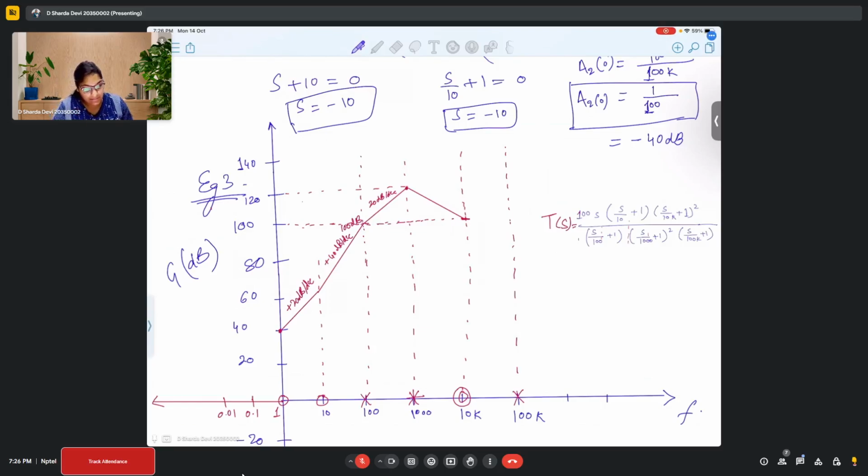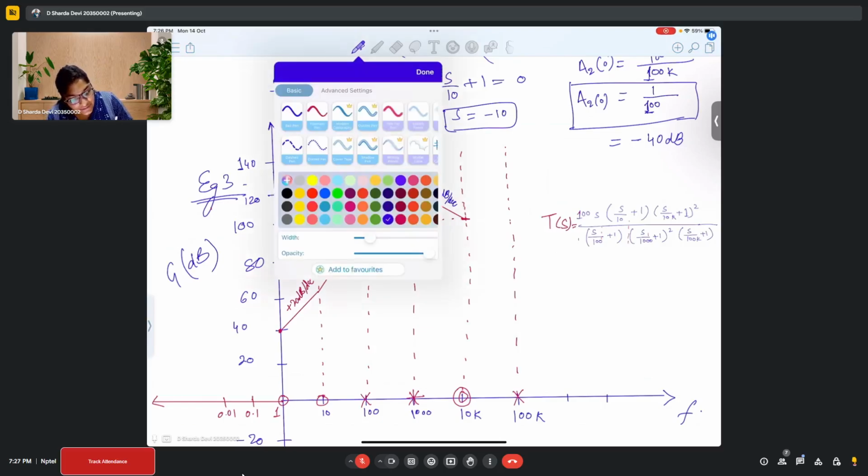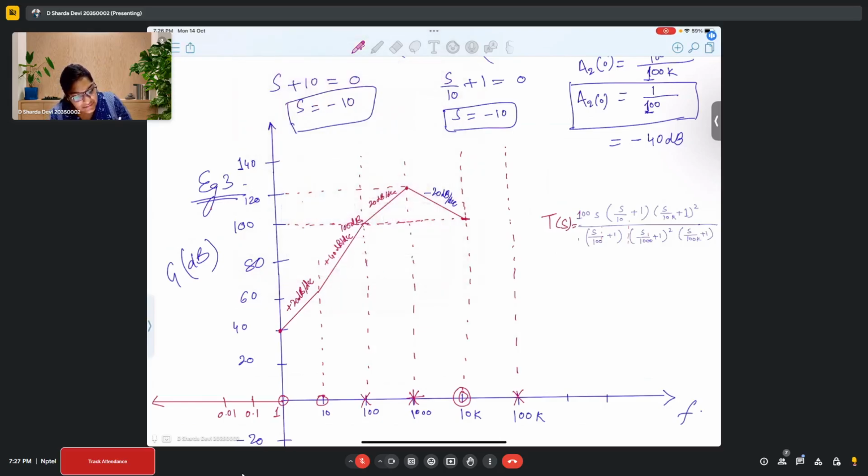Minus 20. It is going to increase by plus 40. So the resultant will look like how much? Plus 20. So again you would reach 120 and here you have plus 20 dBs per decade.